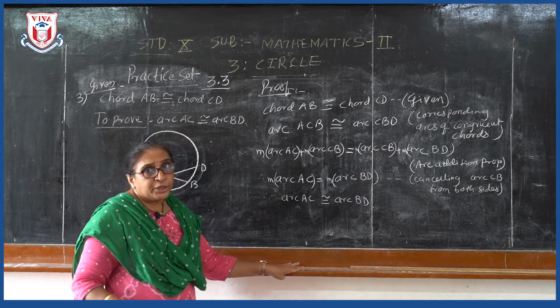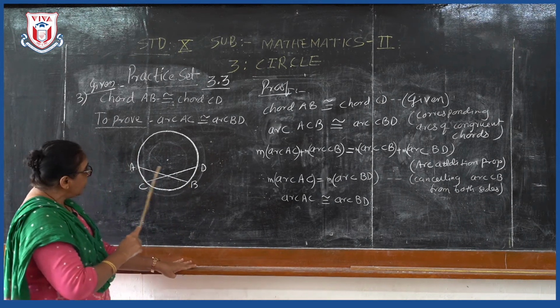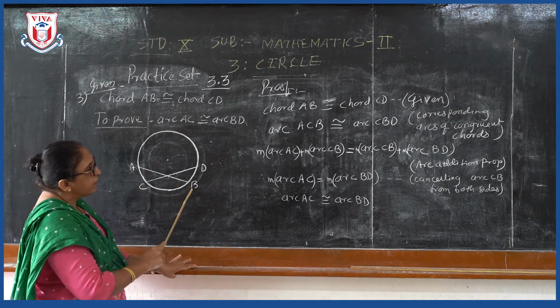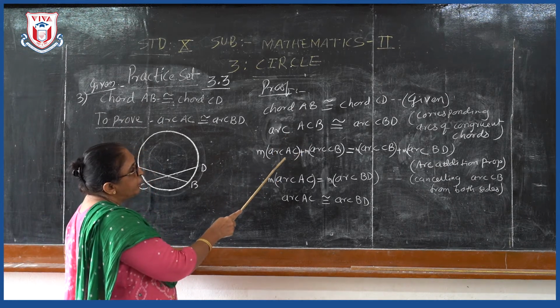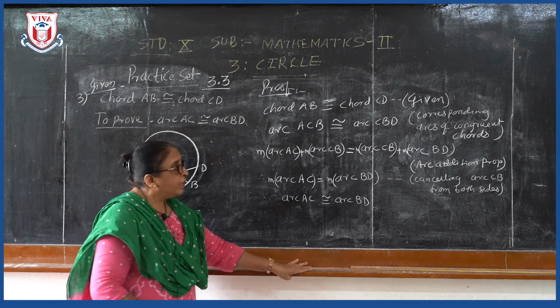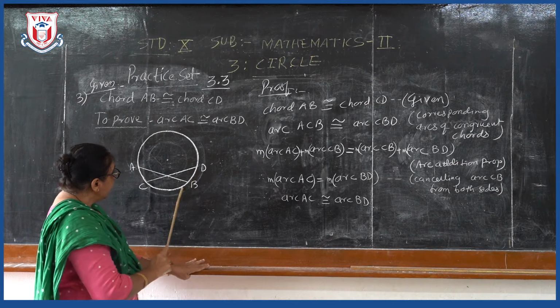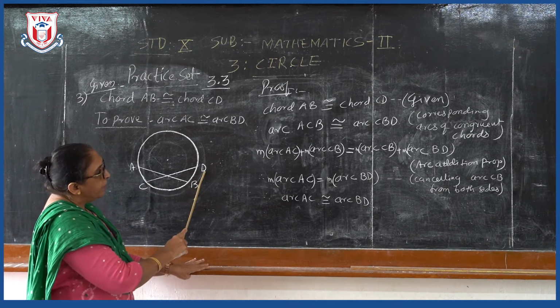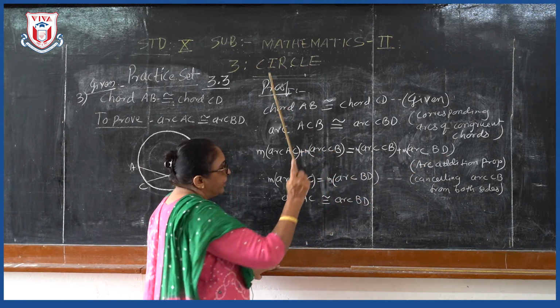Now we will split those arcs. ACB is a combination of arc AC plus arc CB. So instead of arc ACB, we can write arc AC plus arc CB, and that will be equal to, again CBD split into 2 parts, CB and BD, so arc CB plus arc BD.